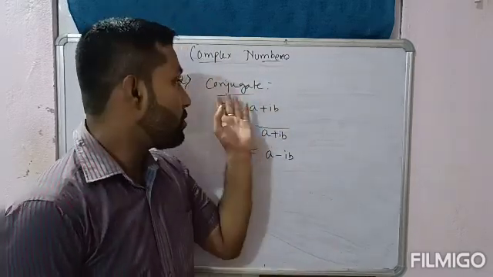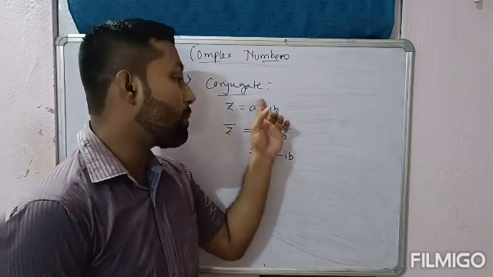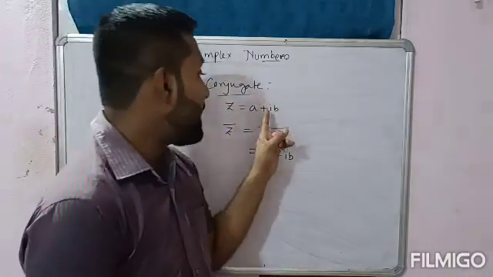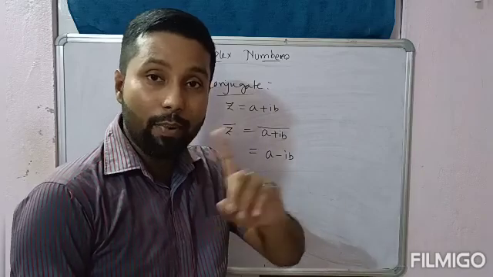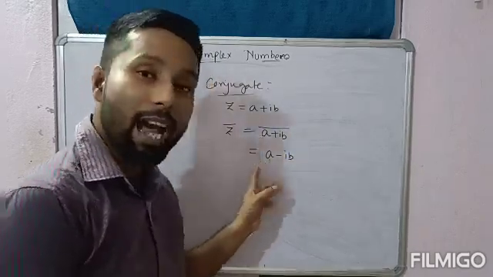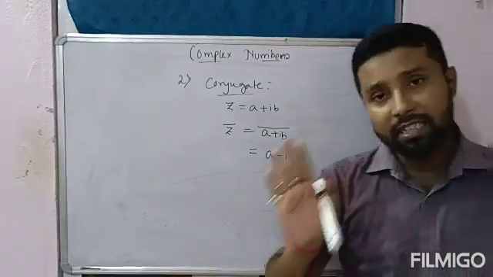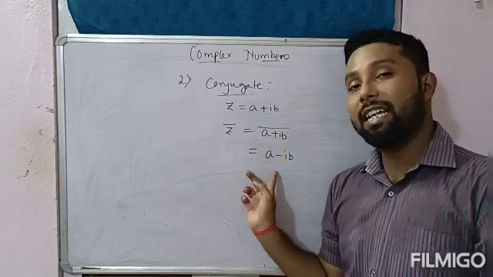Listen here, conjugate of a complex number means when we put a bar over the complex number, the sign of the imaginary part changes, not the real part. Real part will remain unchanged. Only the sign of the imaginary part will change.